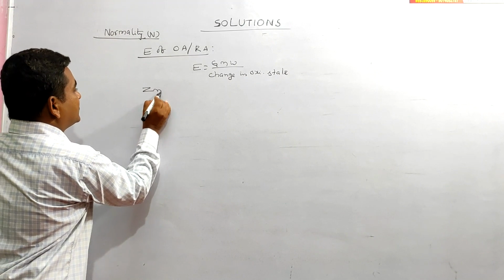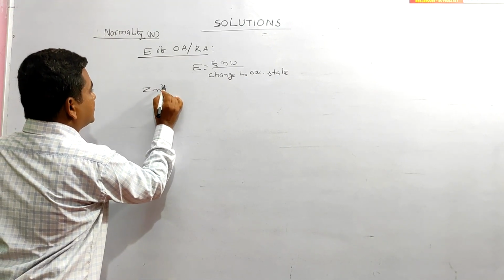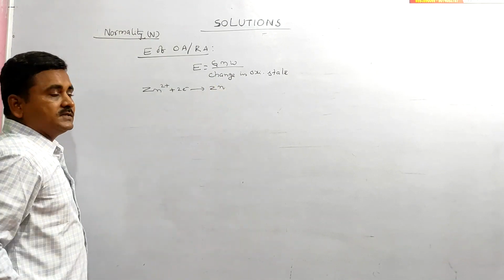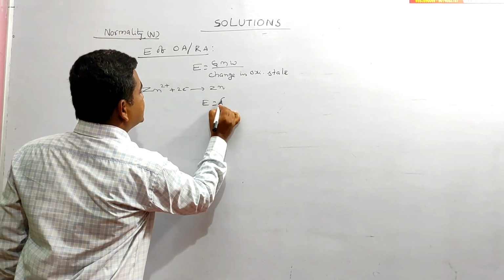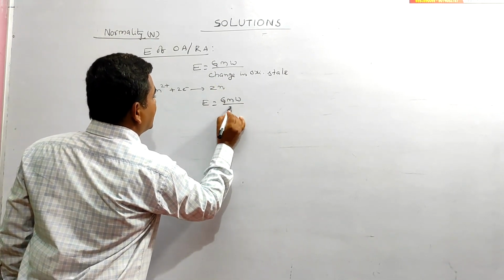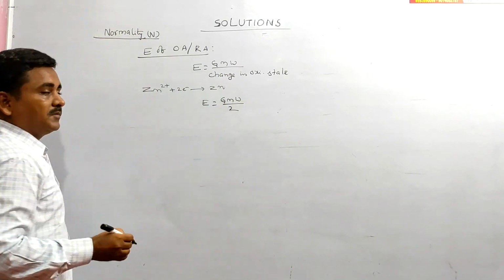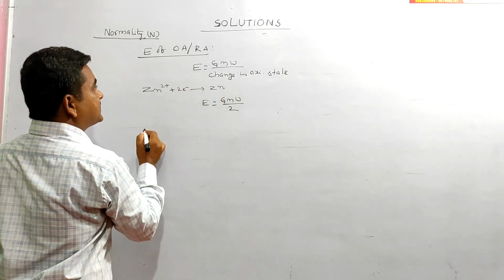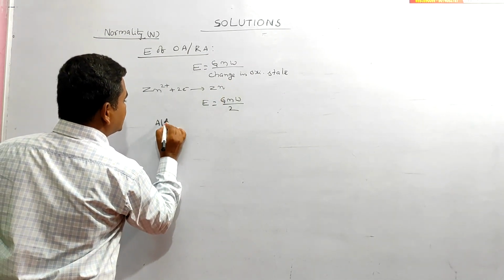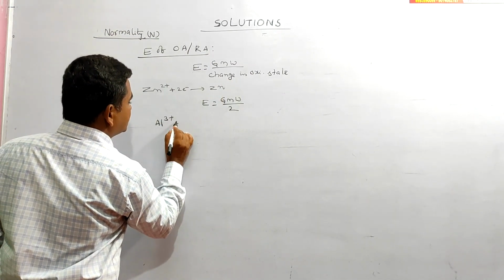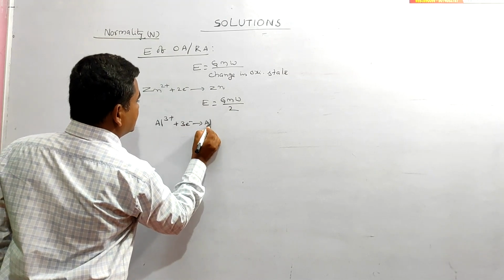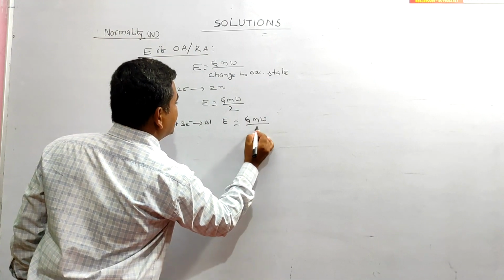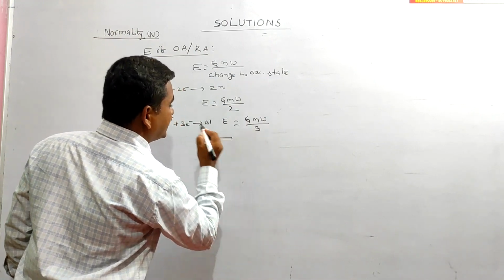For example, in this reaction, E is equal to atomic weight of zinc by 2, because 2 electrons are transferred and the change in oxidation state is 2. For this reaction, E is equal to gram molecular weight by 3.